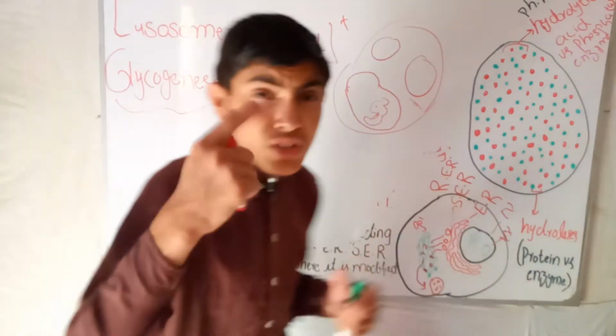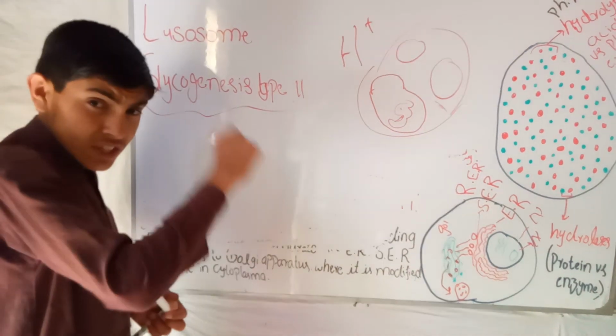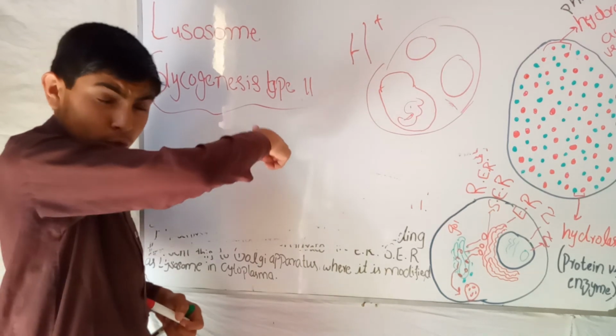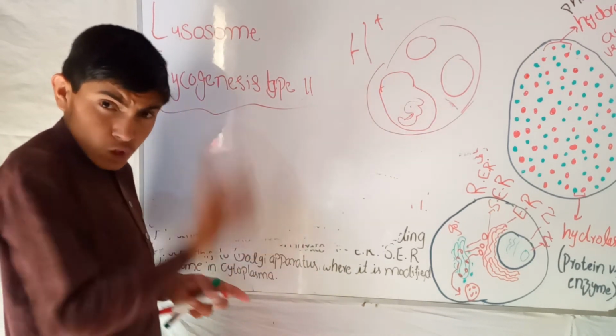So this disease is called glycogenesis type 2, in which the enzyme is absent, due to which the glycogen amount is higher in the liver and also the muscle tissues.